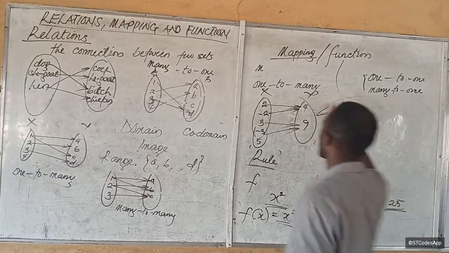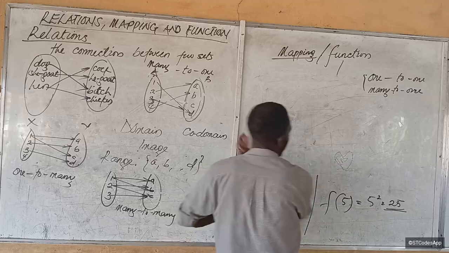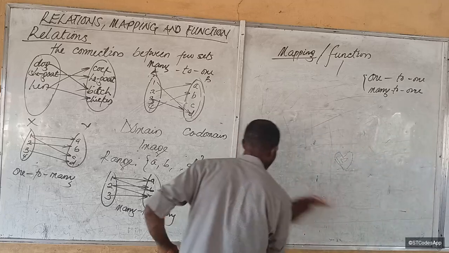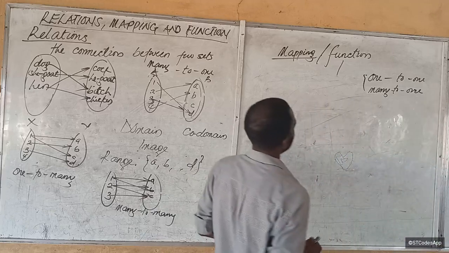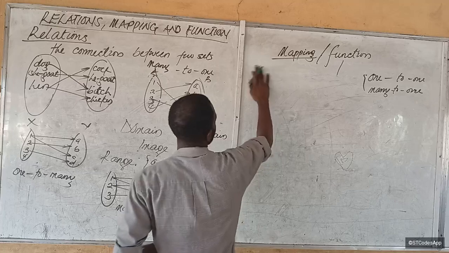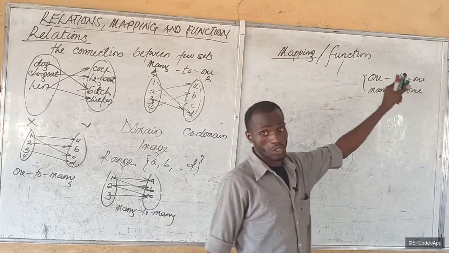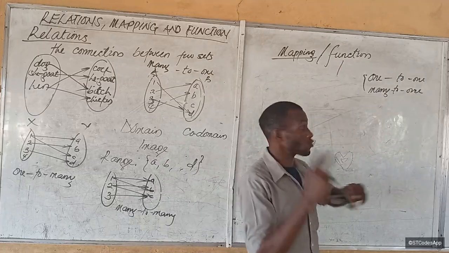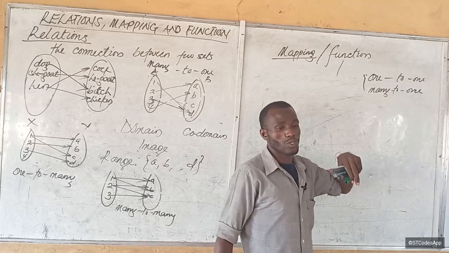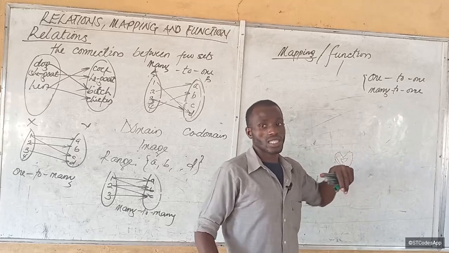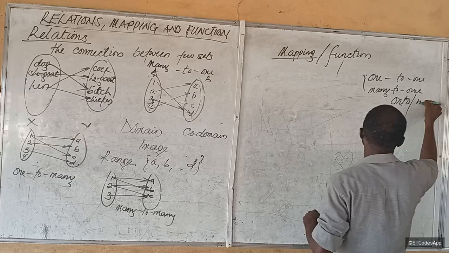Let's continue to functions. Now, the major types of function, or would I say the two types of function? There are actually three. One-to-one mapping, one-to-one function, and no, so there are two: one-to-one and many-to-one. Is that okay? Now a mapping can also be onto and into.